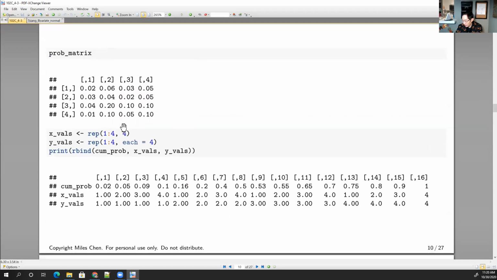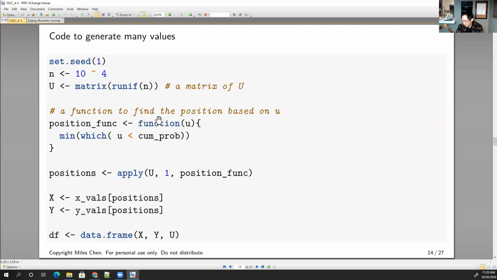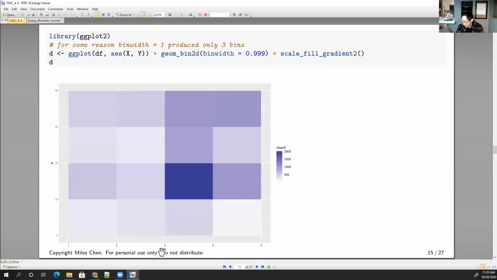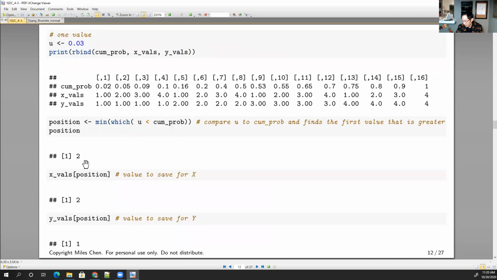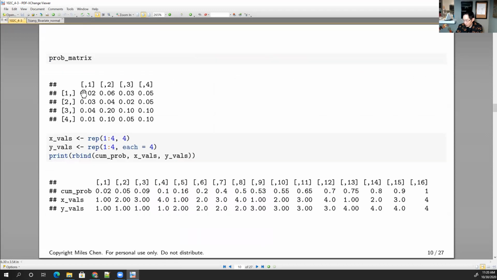This probability matrix should look like this, except here I've got x on the horizontal axis and y on the vertical axis, so it ends up being a rotation of the matrix. Across the bottom we'll see 0.02, 0.03, 0.04, and 0.01. Then the second row from the bottom, we will see 0.06, 0.04, 0.2, and 0.1.